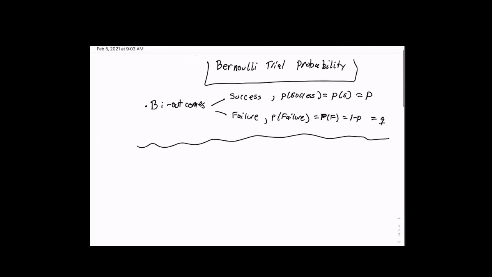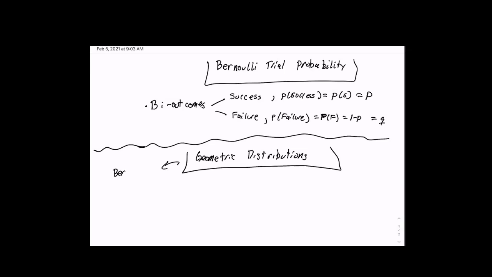The major one that we're going to be focusing on today are problems with probability that are referred to as geometric distributions. Geometric distributions are a specific type of Bernoulli trials.